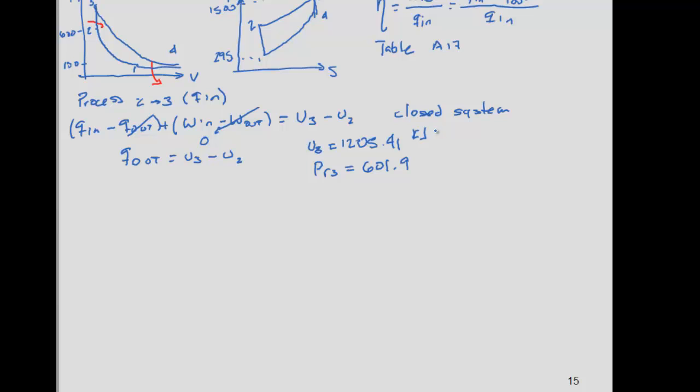That's kilojoules per kilogram, and this has no dimensions. So how do we get U2?